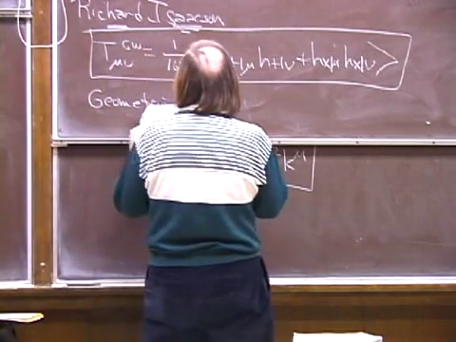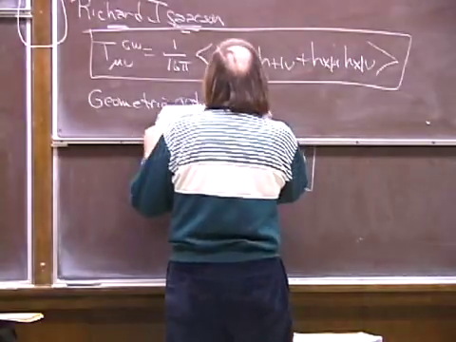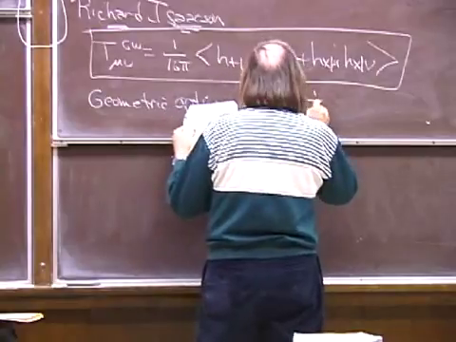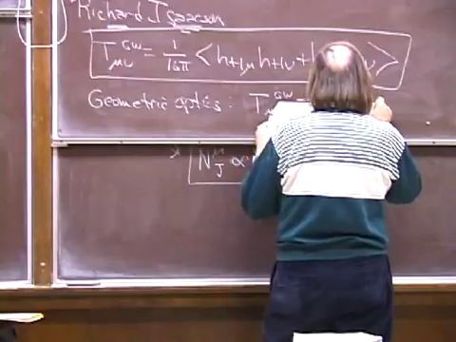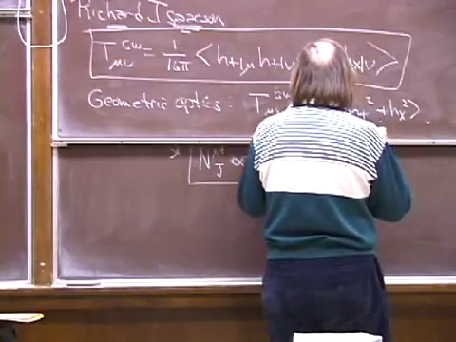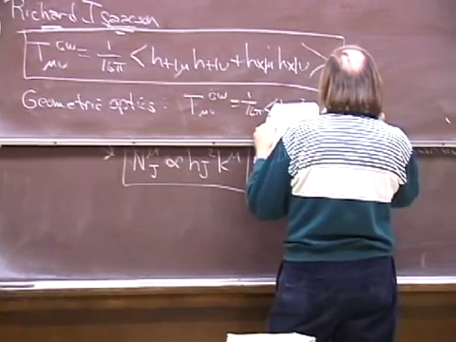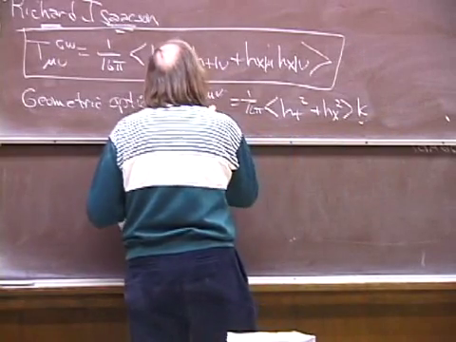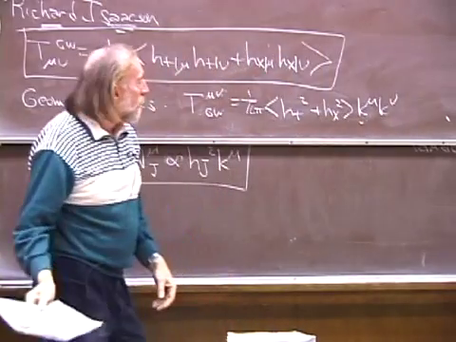And so it turns out that when you apply geometric optics to this, you get that T mu nu gravitational wave is 1 over 16 pi, the average of h plus squared plus h cross squared, I'm assuming that these are monochromatic waves, times k mu, k nu.